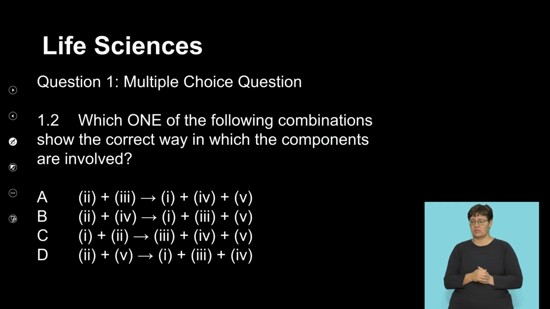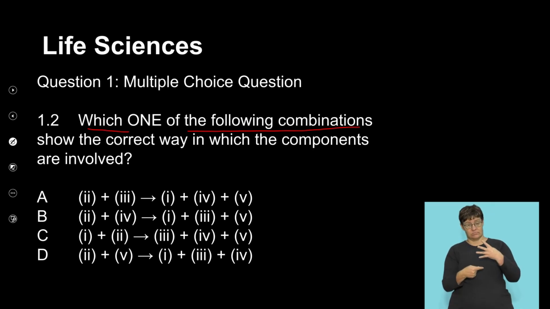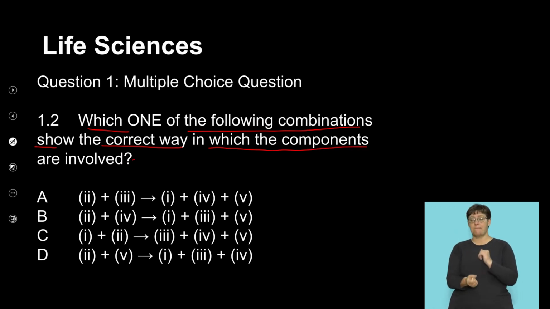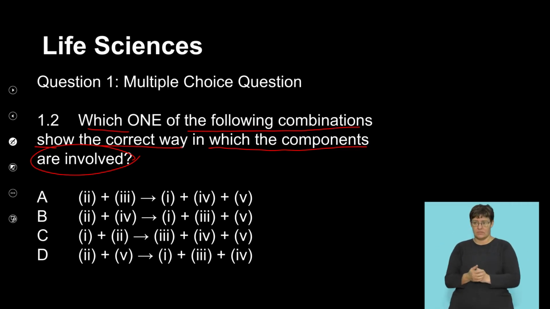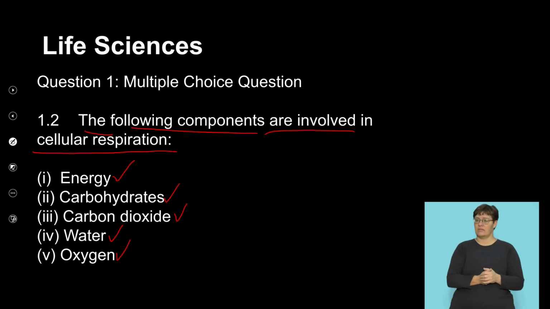Let's read the question further. Which one of the following combinations show the correct way in which these components are involved? So guys, this question gives you various different components. It's important that we go back to these components and look at what is needed. So we talk about the reactants and the products.